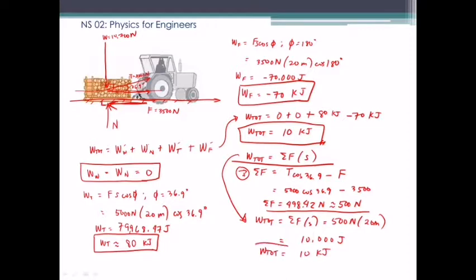So we have obtained the same answer using the two different solutions for the total work. The first is to get the individual work done by the forces and then get the algebraic sum. The second is to get the summation of forces and then multiply that by the displacement S.